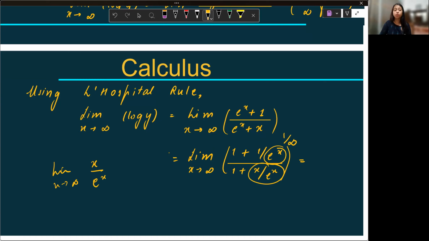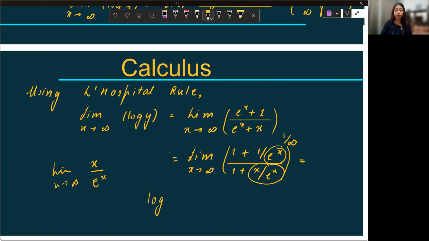Do not confuse this. Do not say that it is just infinity by infinity. Actually, whenever you apply limits and you have to compare, because it's a numerator and denominator form, in numerator I have a polynomial. In denominator, I have an exponential. Exponential runs always faster than any polynomial, and polynomial runs faster than a log function. So this is the basic comparison you should remember when you are applying limits.